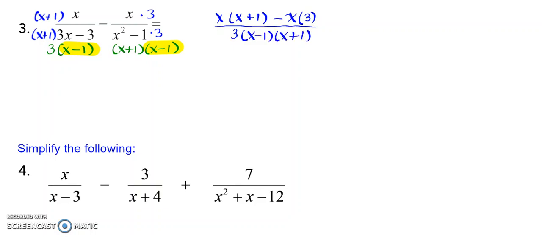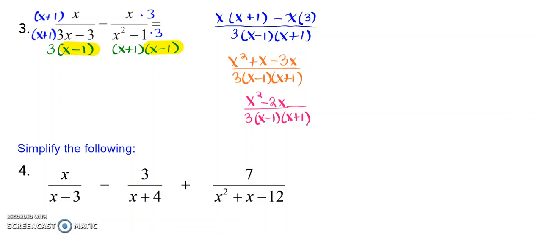So let's start simplifying that numerator. So x squared plus x minus 3x over 3 times x minus 1 times x plus 1. And lastly, let's see, we have x squared minus 2x over 3 times x minus 1 times x plus 1.